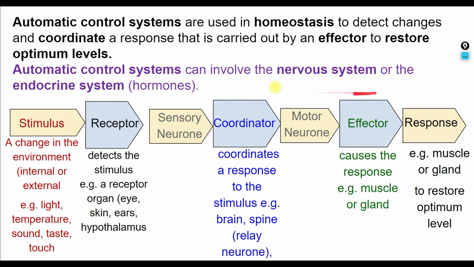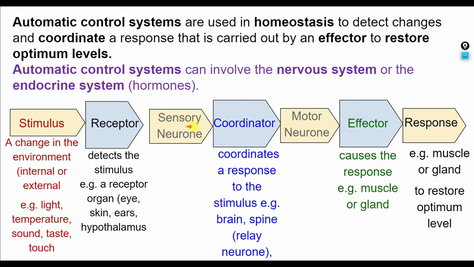But when we use nerves for an automatic control system, then I can include these bits here. A stimulus is detected by a receptor. Information from the receptor is sent down a sensory neuron. A sensory neuron carries message from a receptor. A receptor senses things, doesn't it?